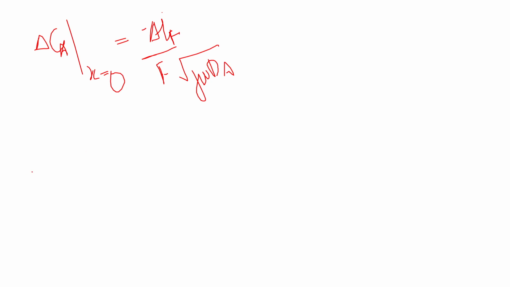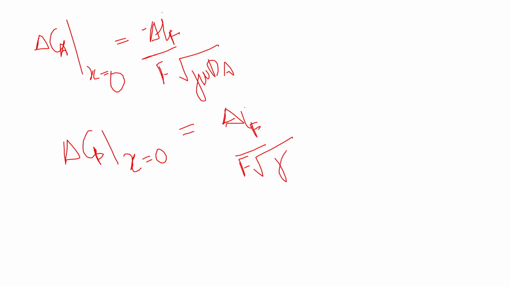Similarly, del Cb at x equal to 0, you do the same way, you will get it as del IF by F into root of j omega dB.